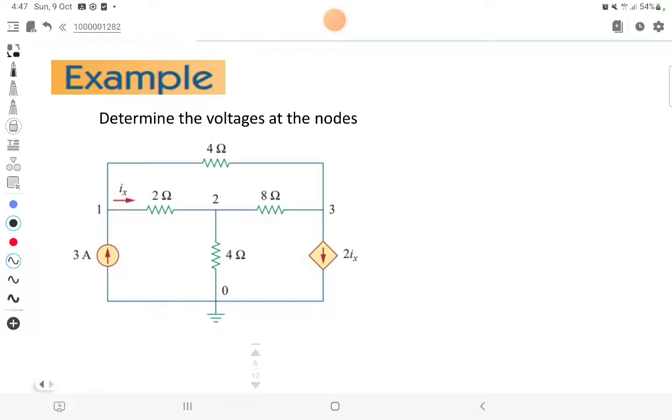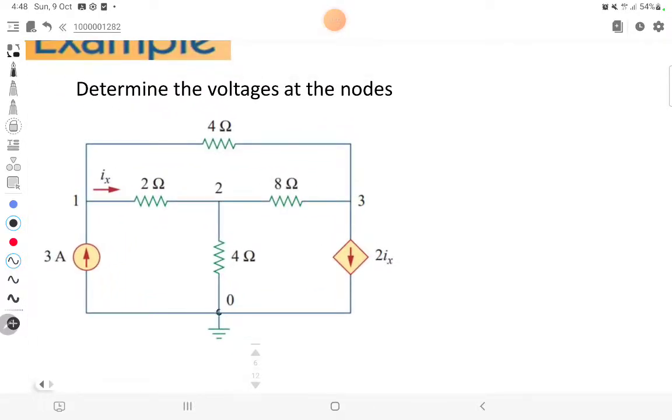From here we would first, of course, determine our reference node, which was already identified in the circuit, which is this node, our node 0. After determining our reference node, now let us determine our non-reference nodes, which are identified as our node 1, our node 2, and our node 3.